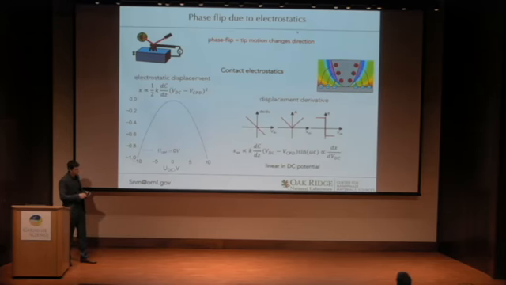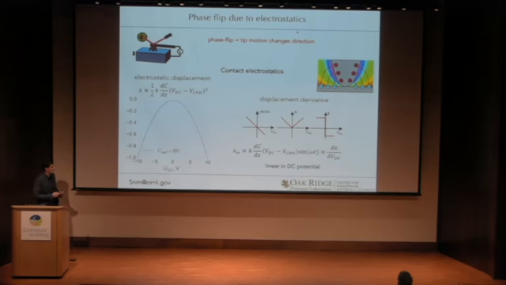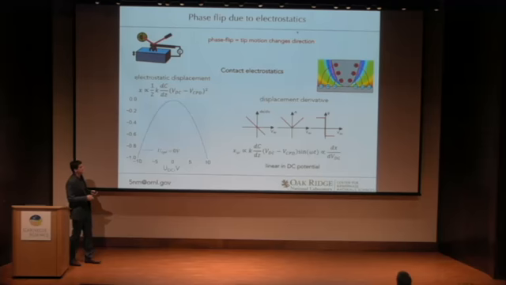What you have is a phase flip, but without any hysteresis. And the phase flips here when the DC bias compensates the built-in potential. This is very familiar for those of you who have ever done electrostatic force microscopy or Kelvin probe force microscopy, because that's what the null variable is there. And in contact it works almost exactly the same.